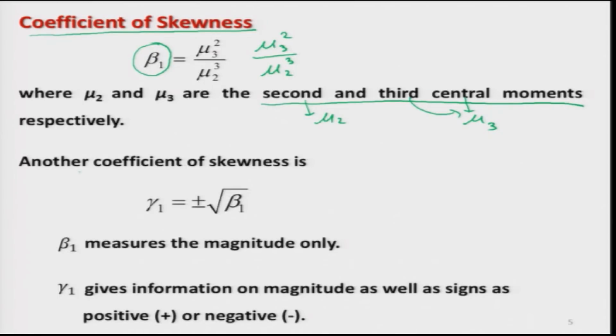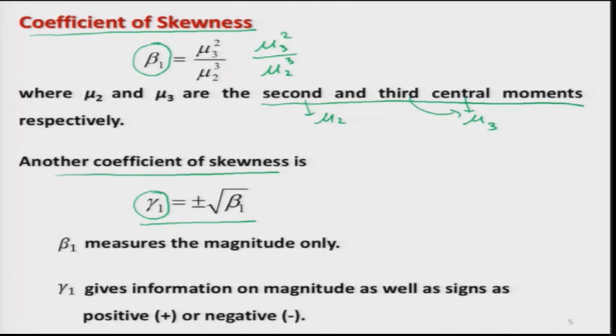There is another coefficient of skewness, which is defined as the square root of this beta 1 and is denoted by gamma 1. Now, what is the difference between the two measures of coefficient of skewness, beta 1 and gamma 1?